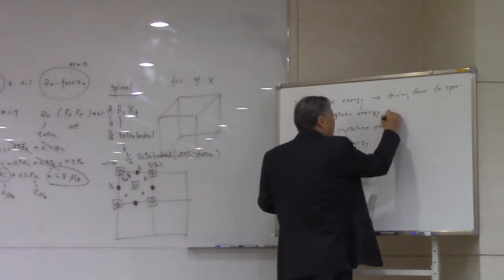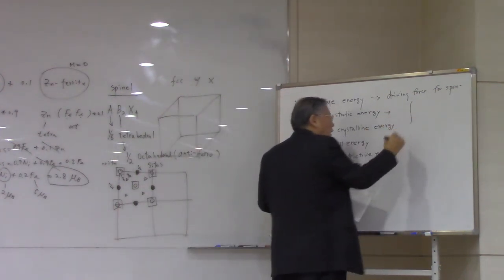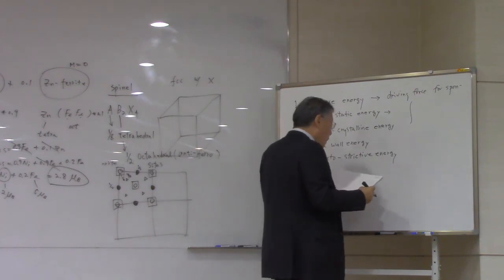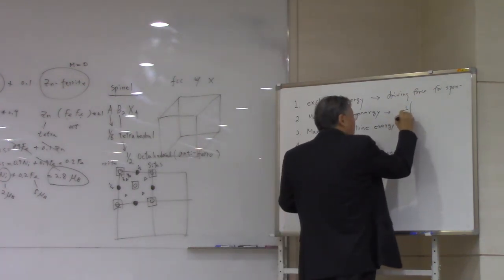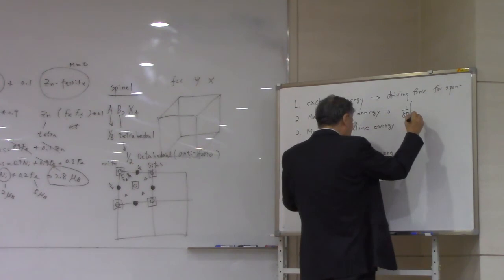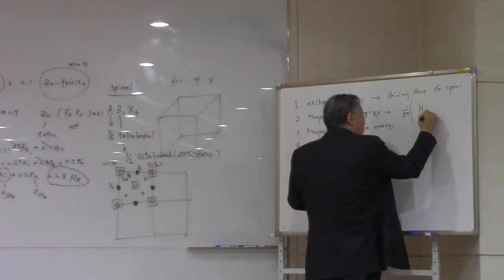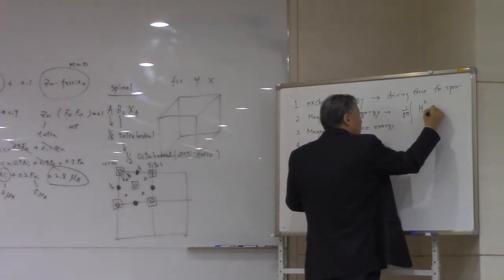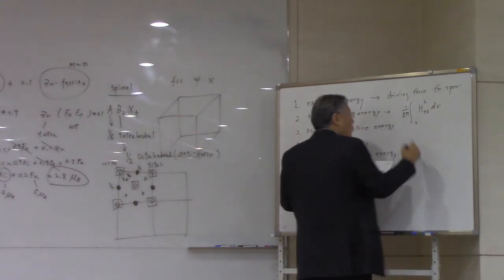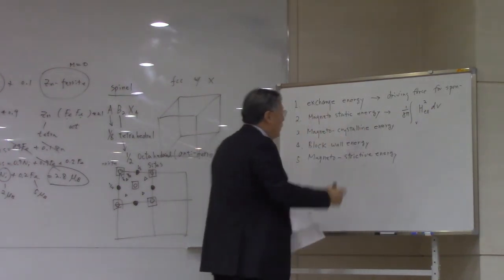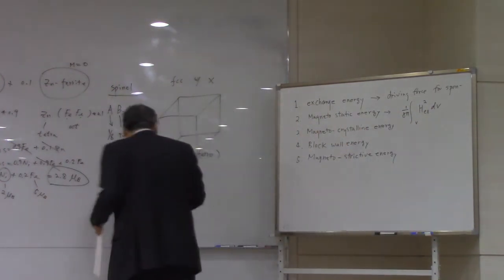Magnetostatic energy is the energy which can be expressed as the external magnetic field integrated over dV, the total volume.